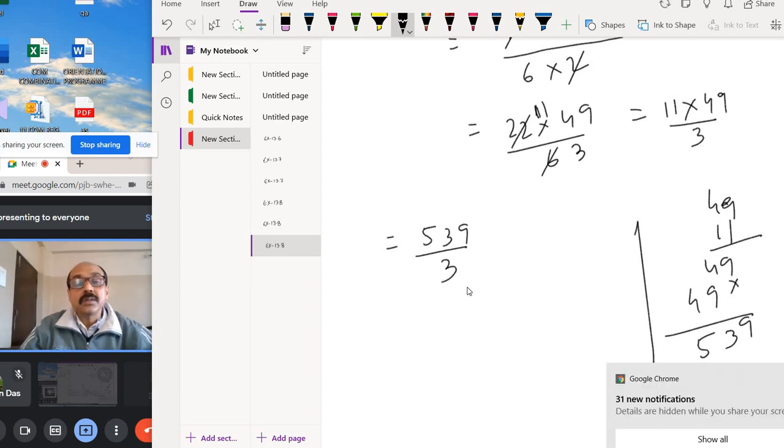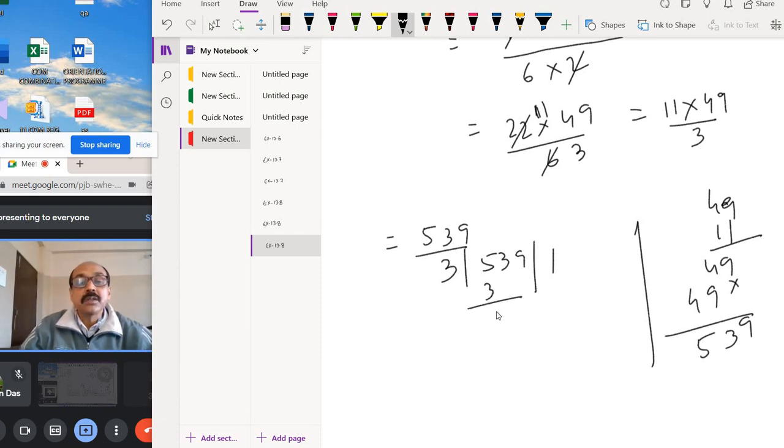So this equals 539 by 3. Divide 539 by 3.